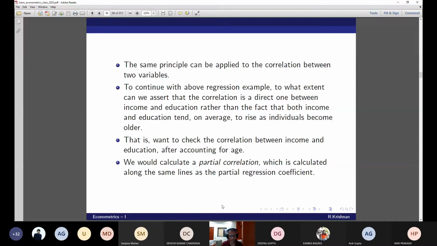To continue the above regression example, to what extent can we assert that the correlation is a direct one between income and education, rather than the fact that both income and education tend on average to rise as individuals become older? My question is, does age have any role to play in explaining the correlation between income and education?